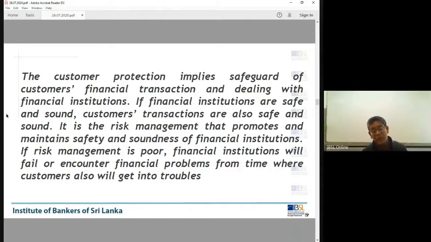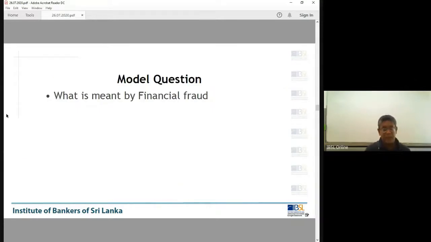The institution that manages risk properly is going to survive, and those that are not managing risk properly are going to encounter a lot of problems. Clear? Okay, I think you understood up to now.